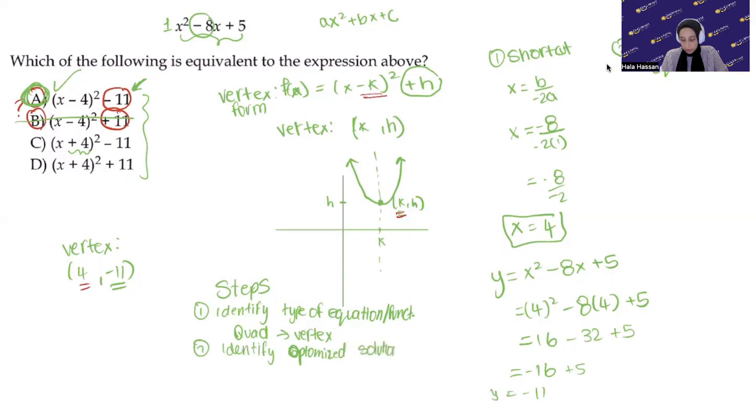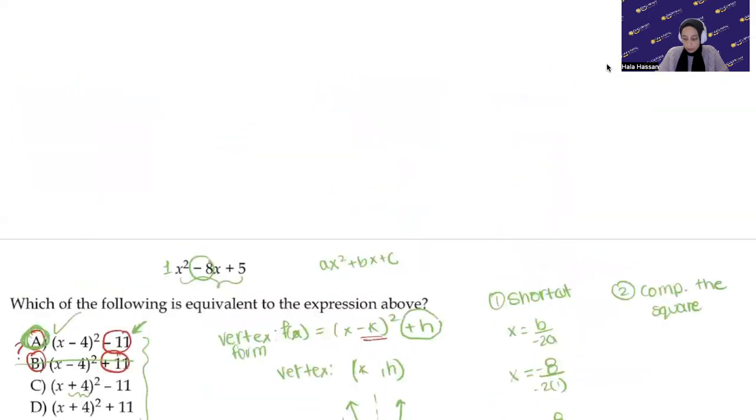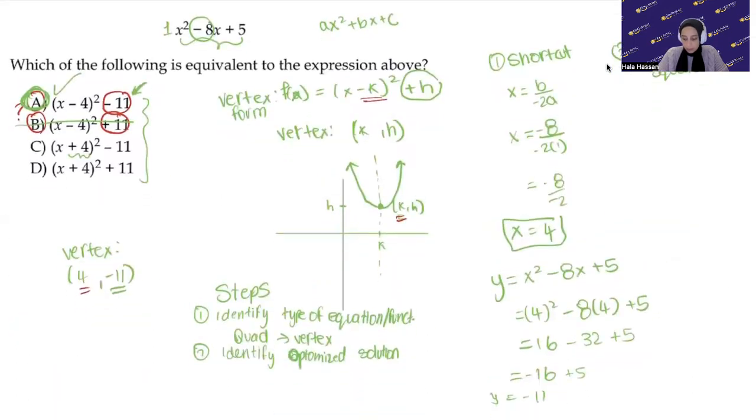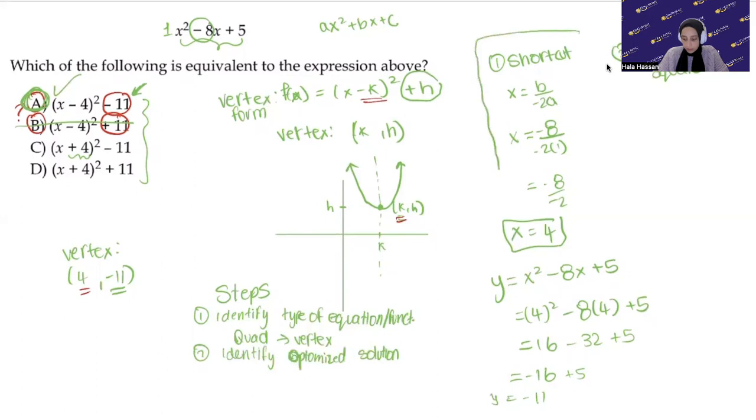Now, if you forget this shortcut over here, whoopsies, sorry about that. If you forget this shortcut over here, that's okay, don't worry about it, because you can always go back to completing the square, and I'll have another video on completing the square, okay? So identify the optimized solution, then step 3, find the solution, really, right?